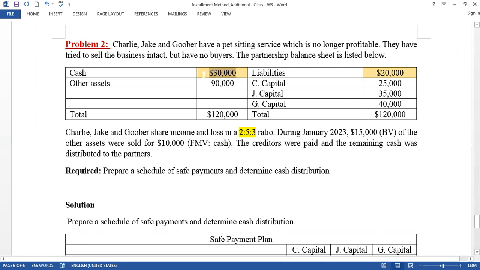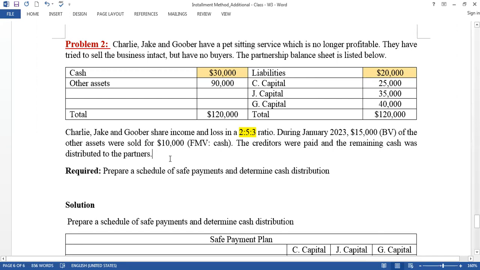Because they have enough cash. Creditors are already paid, and the remaining cash was distributed to the partners. So after paying liabilities, remaining cash was already distributed to the partners, so we no need to think about these 2 issues.